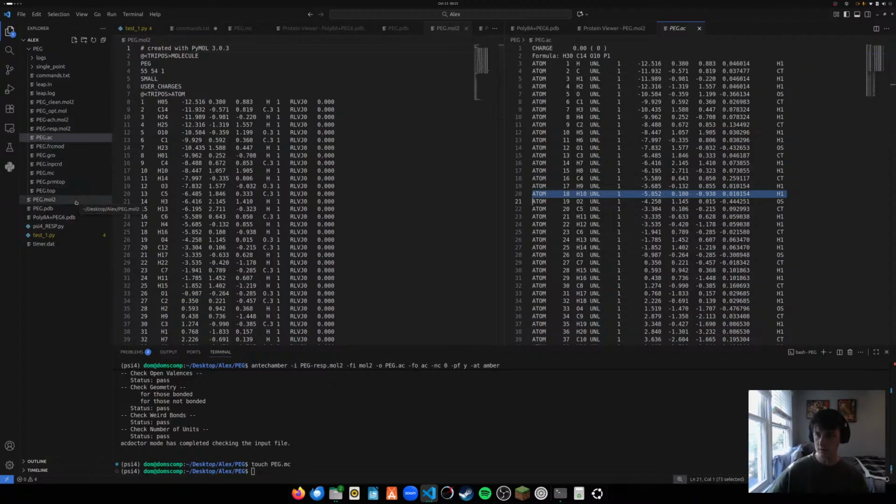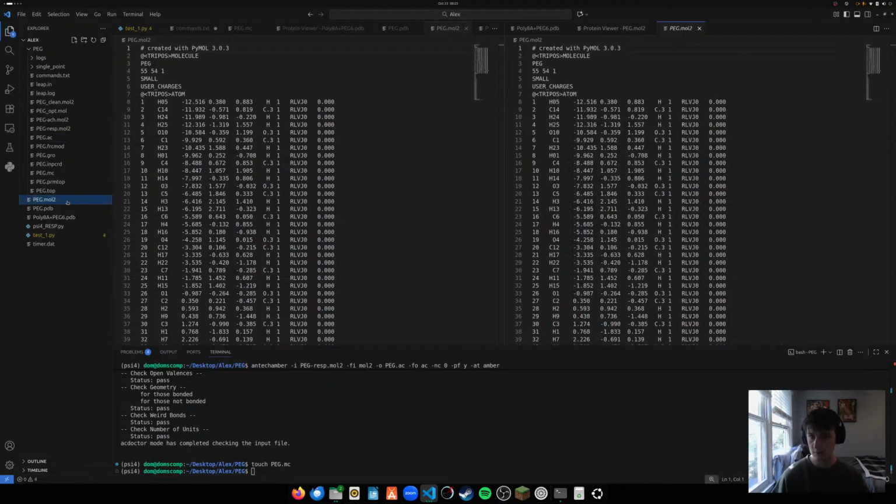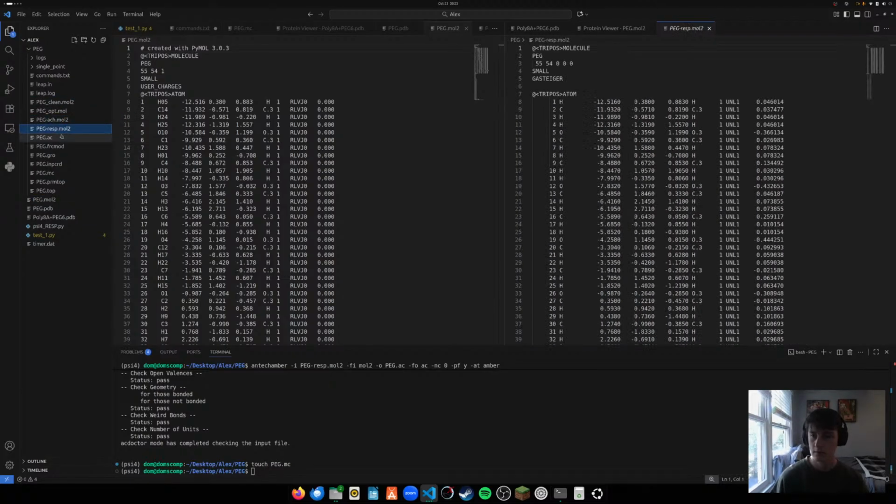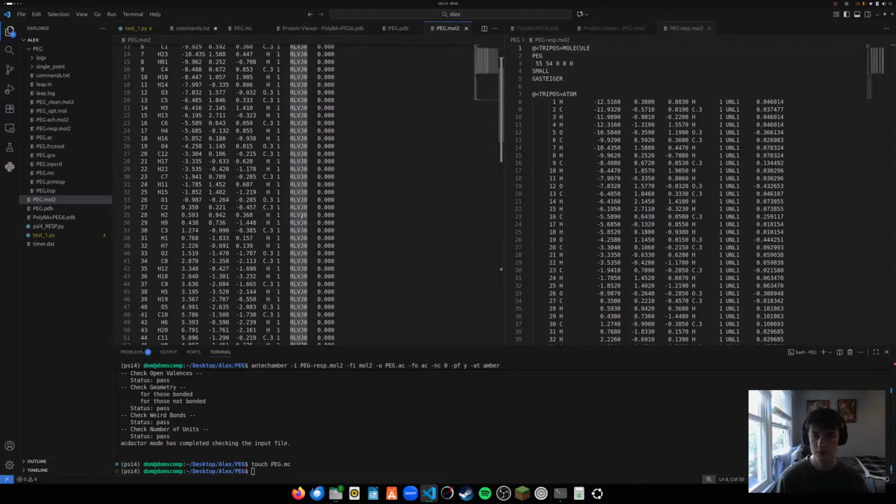So what I need to do is do antechamber on this guy, and then transfer the charges. I mean, I could just do, yeah, so these are the charges right here. I'll just copy this.